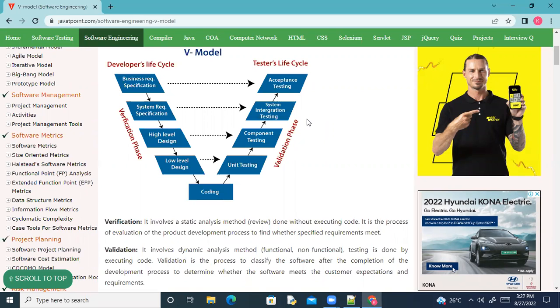So development, testing, and integration all have to be done parallelly. Why? I'll give one example. In my project, under my manager, four teams are working.